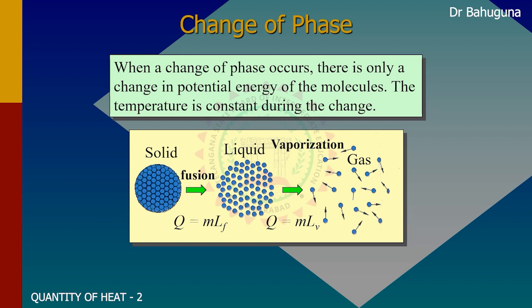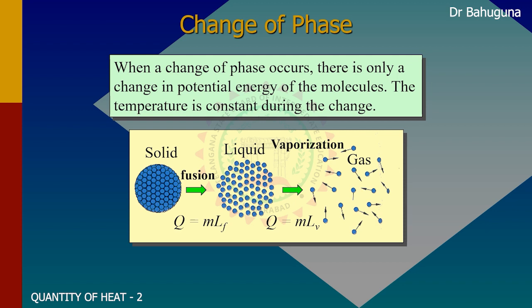So, when there is a change of state, only potential energy changes, temperature will be constant, and there is no change in the kinetic energy of the system. That type of change of phase we are going to discuss.